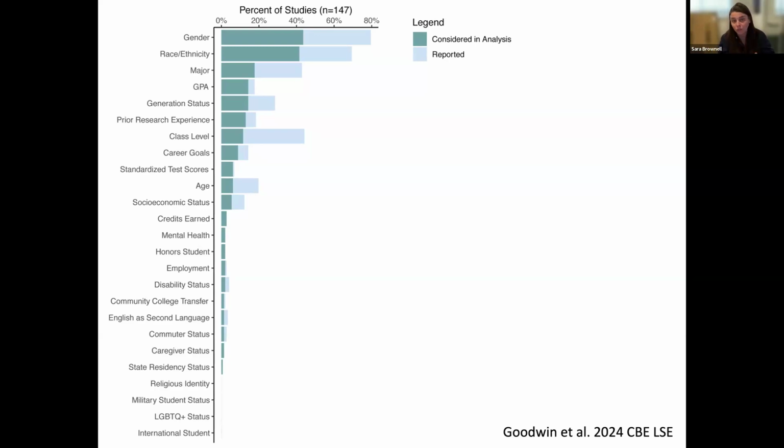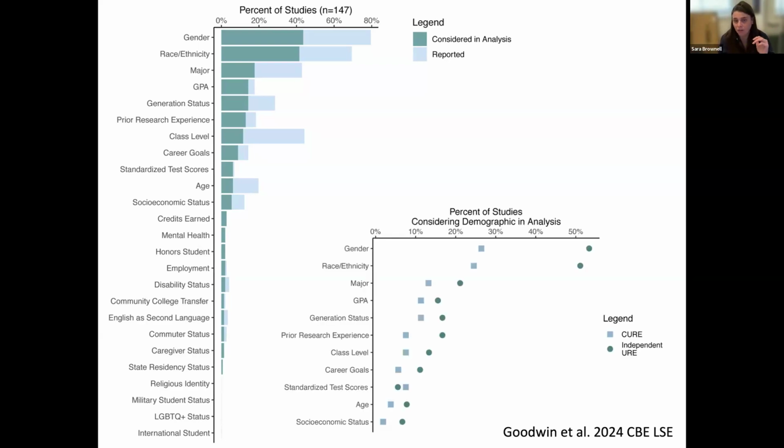So very few reported, but of those that report, there were some that considered them in analyses. But again, you can see it's gender and it's race that people are considering and reporting, and most of the others we're not talking about at all.